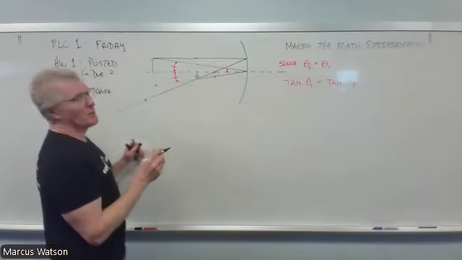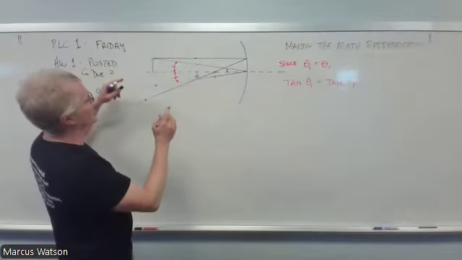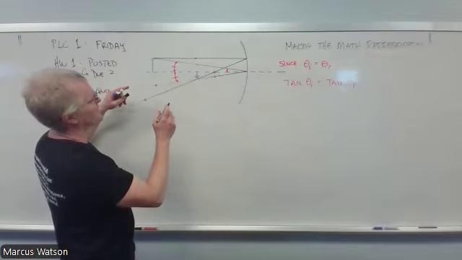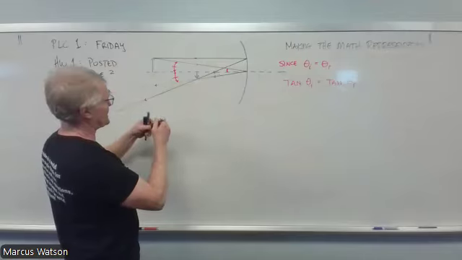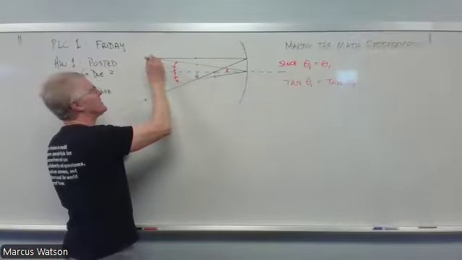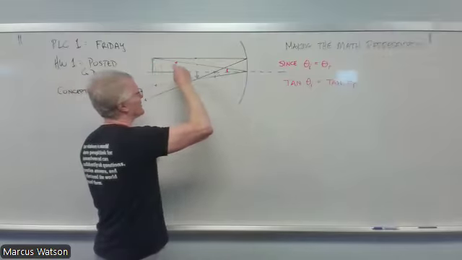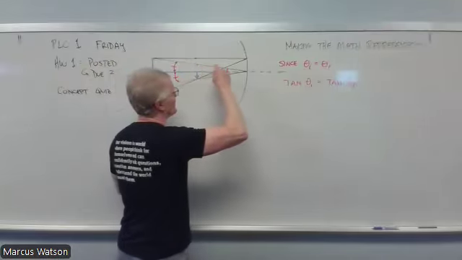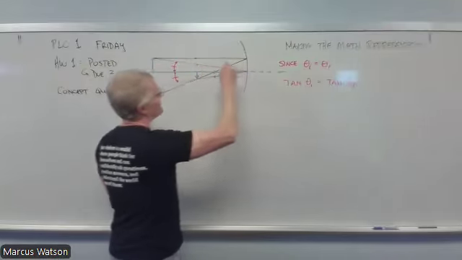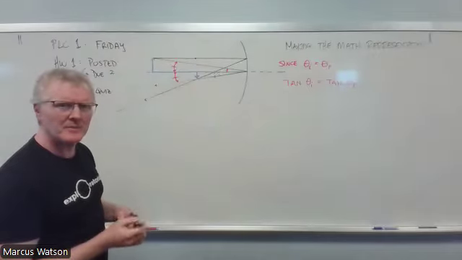Which means that I want to look at the triangles that these rays make. So what I want to do is look at, let's see if I can outline it here. I want to look at the triangle here, along here, all the way through, and then back along the ray. Can you see that triangle?